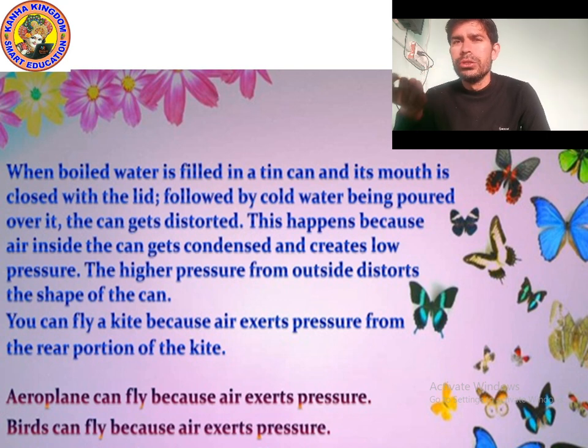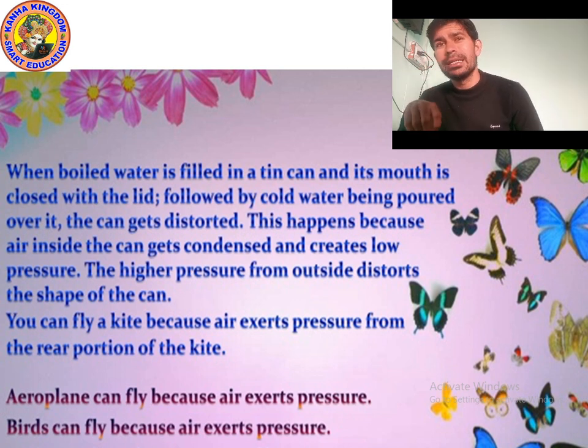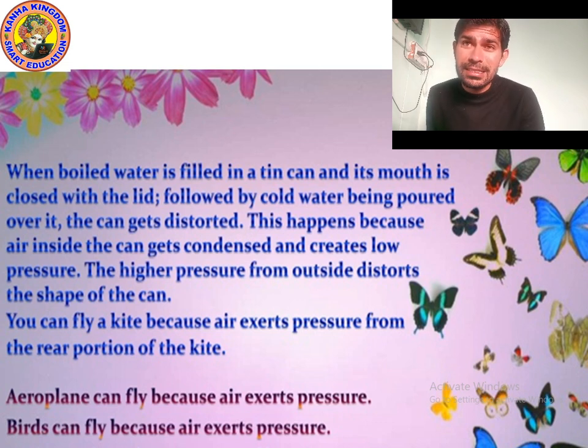You can fly a kite because air exerts pressure on the rear portion of the kite. That's why the kite flies. Why does the kite fly? Because when we fly a kite, the air applies pressure from the rear part of the kite.